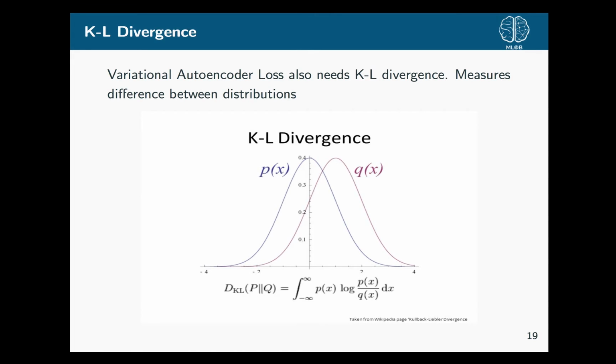Yes? Does this mean when you're training, you need images that have labeled mean and standard deviation vectors? No. The KL divergence is going to be with respect to an input distribution, and you just know, for example, that the input distribution is going to be a unit Gaussian, right?